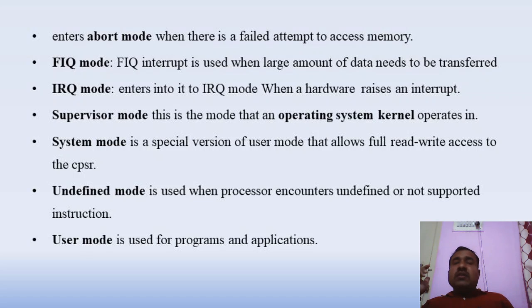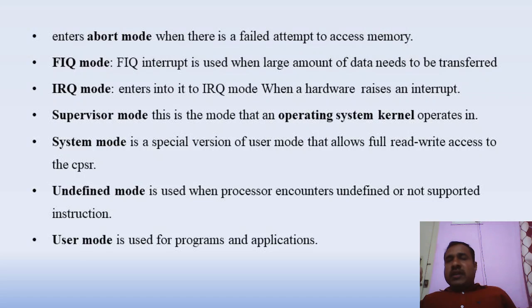FIQ mode stands for fast interrupt request mode. This mode is generally used for transferring large amounts of data between the processor and some peripherals. It helps in faster movement of data, and it is one of the interrupt levels, called fast interrupt request.